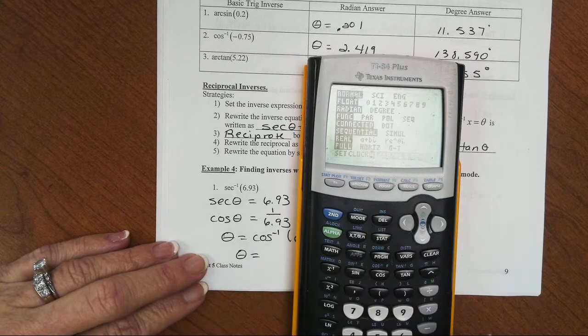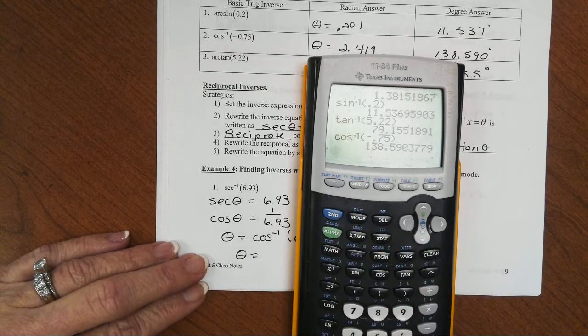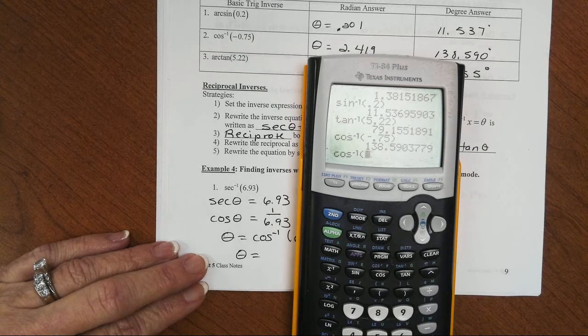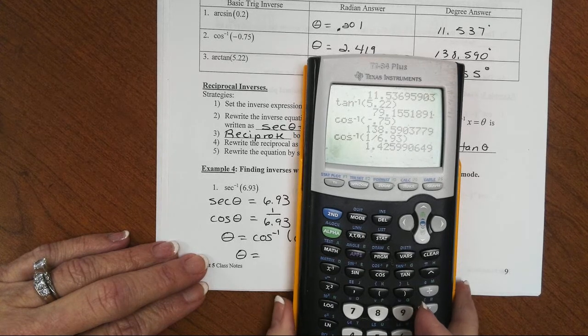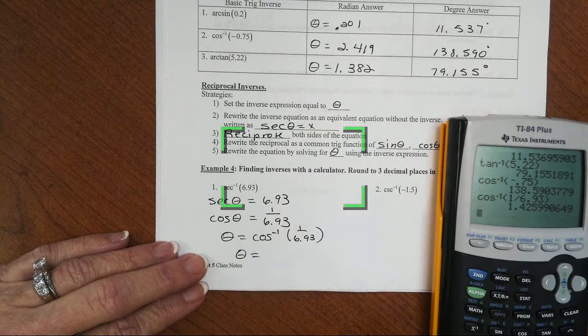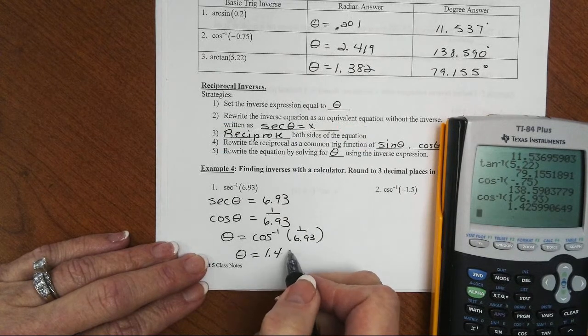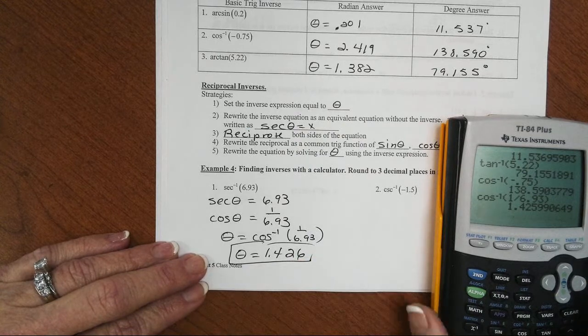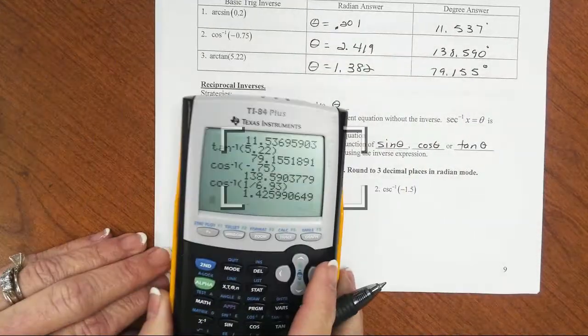Make sure you're in radian mode, and go to second cosine, 1 divided by 6.93. And we get 1.426 radians. So that's theta.